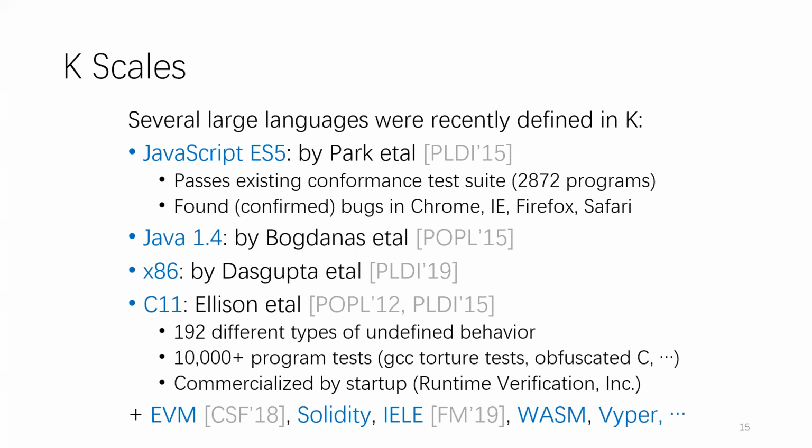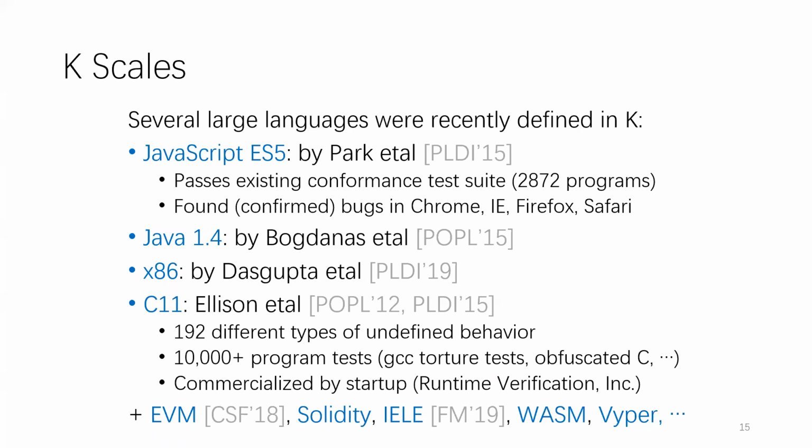It not only passed all the conformance tests proposed by the standard committee, but it also found weaknesses in it and confirmed bugs in all major browsers. And then we have the Java semantics, which resulted in the most semantic complete test suite for Java, and almost 10,000 small programs that cover all the semantic rules are generated as a consequence of defining semantics for Java.